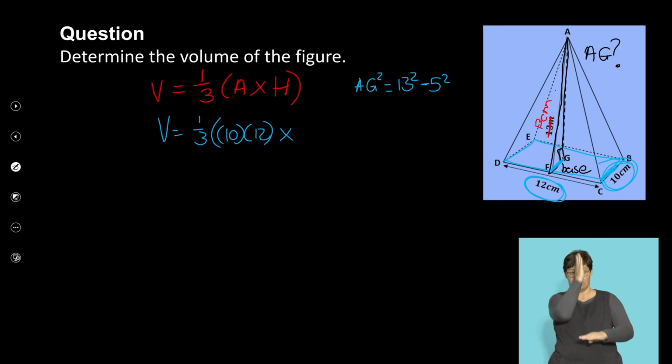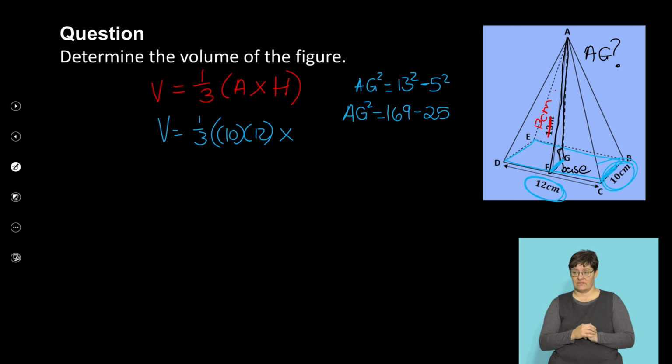So if the perpendicular height's in the middle of the rectangle, that means that FG will be half of CB. So if I do Pythagoras, I'm going to have that AG squared is equal to 169 minus 25, which means that AG squared will be equal to 144, which means that AG is equal to 12 units.